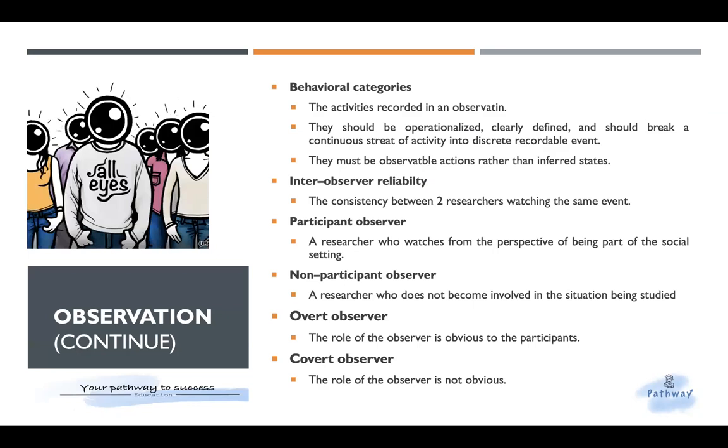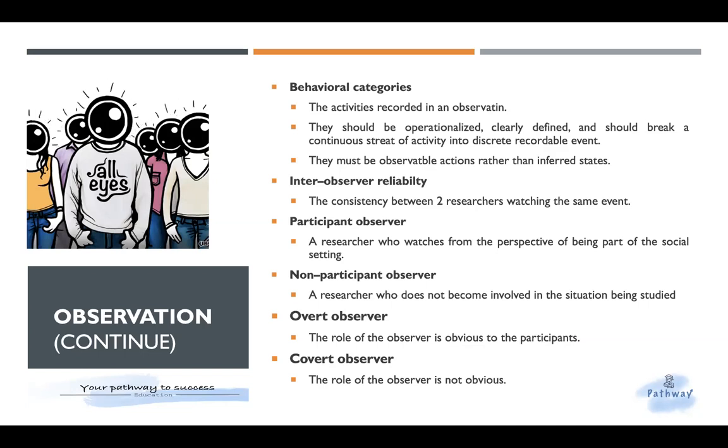So yes, as I said, the specific activities to be considered would be recorded or clearly defined in behavioral categories, which helps the observer to be consistent and improves inter-observer reliability. Another decision to be made is the role of the observer in a social setting, which may be participant or non-participant.